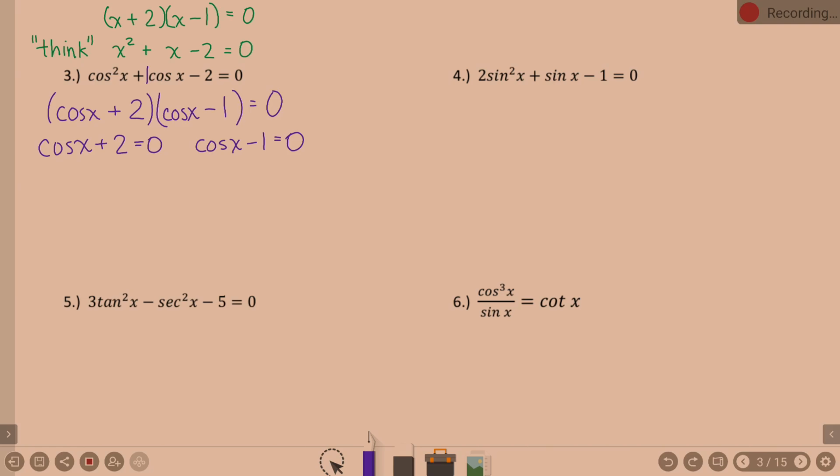You get cosine by itself. Okay, normally we'd say get x by itself. It's going to be get cosine by itself. So on cosine x plus 2, I'm going to subtract 2. So cosine x equals negative 2. On cosine x minus 1, we're going to add 1. And cosine x equals 1.